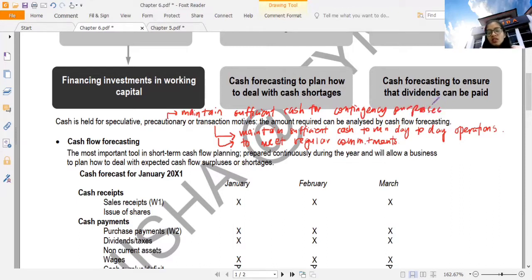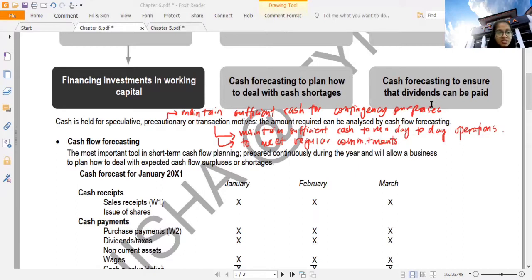What is the example for contingency purposes? Assuming you have a customer who approached you and says, I want to buy 100 units of your inventory, but you do not have that inventory in your warehouse at the moment.